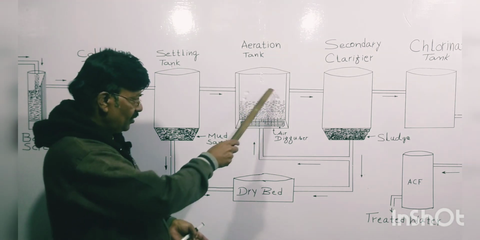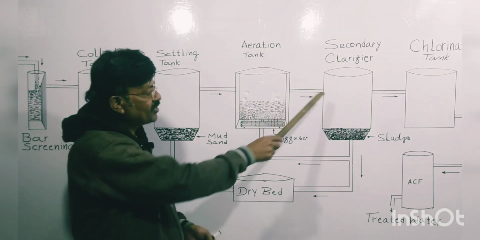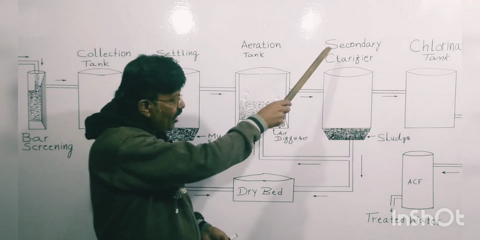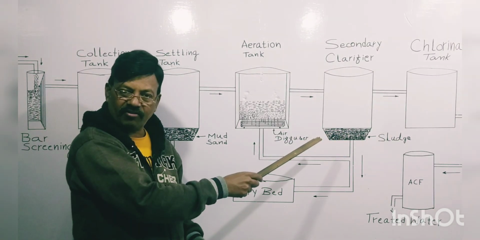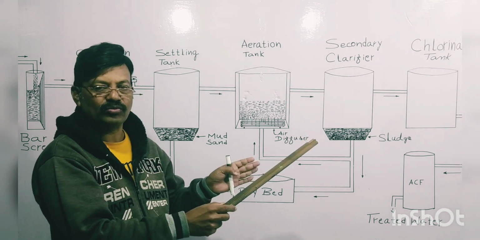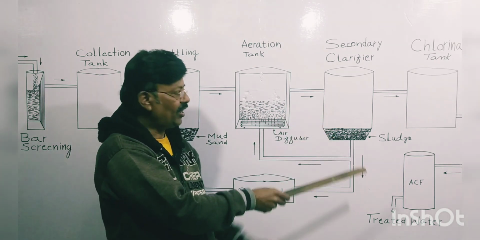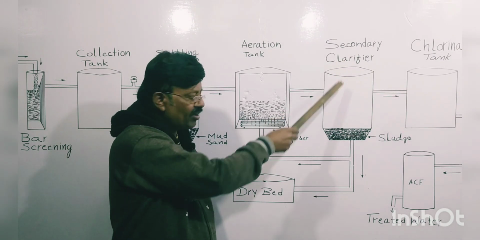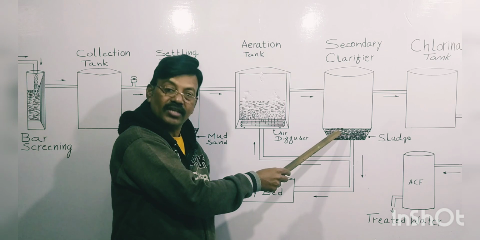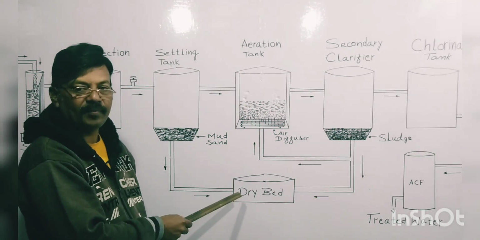Therefore, a pipeline is connected to the secondary clarifier, water passes to the secondary clarifier, and in the secondary clarifier we give some time for such oversized bacteria to settle down, and that happens in the form of sludge, and it is connected to the dry bed.